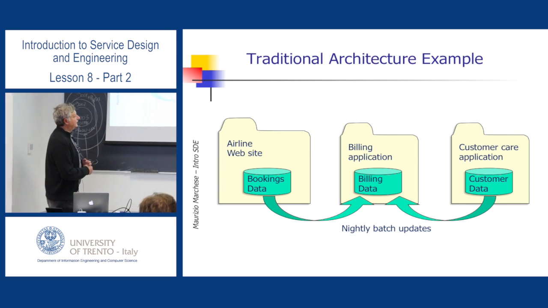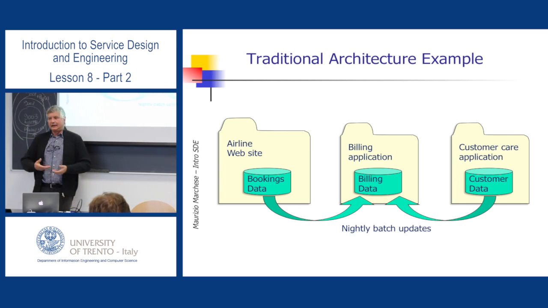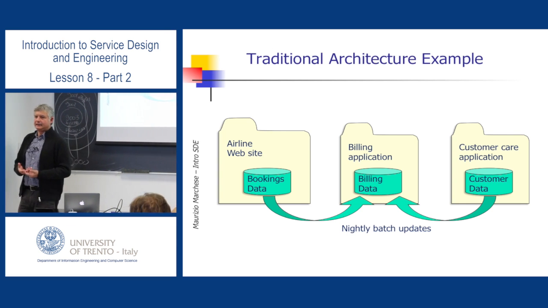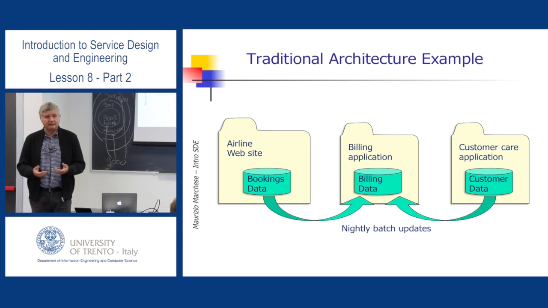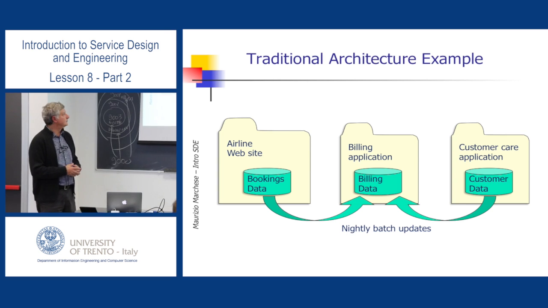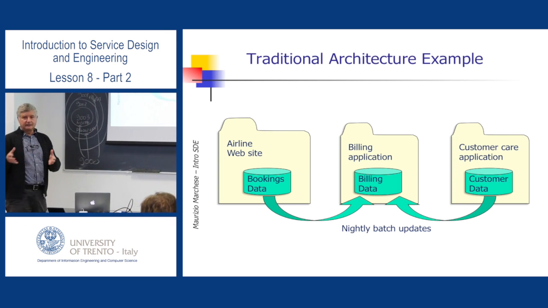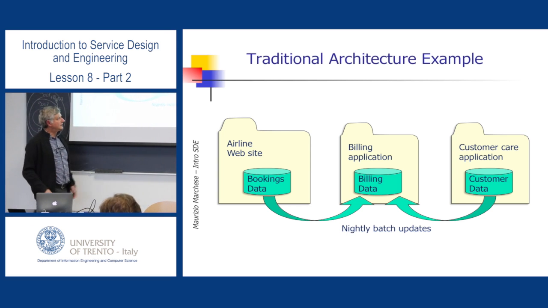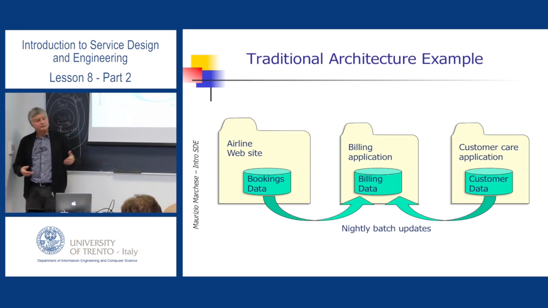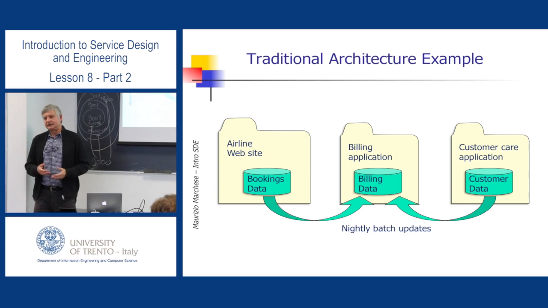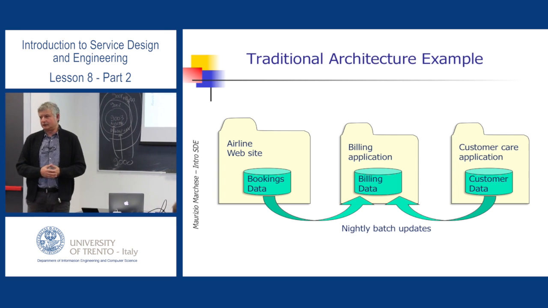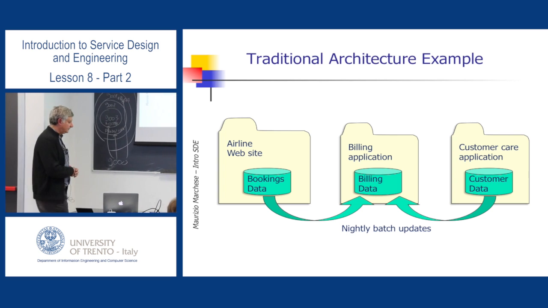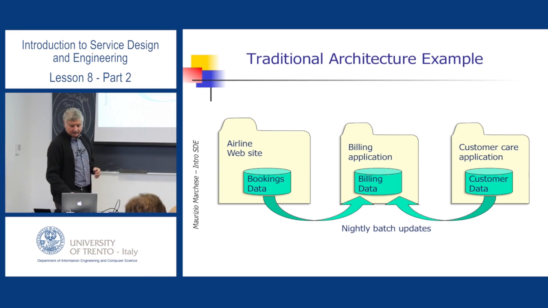These are typical standard databases which are present in any enterprise, and in particular, in this case, of the airlines. One way to align the data among themselves in order to integrate the three different systems, each folder here being an information system, is to produce data and then update. Here it says nightly, but sometimes you want to do it at intervals of time.